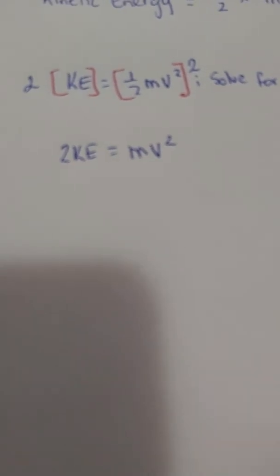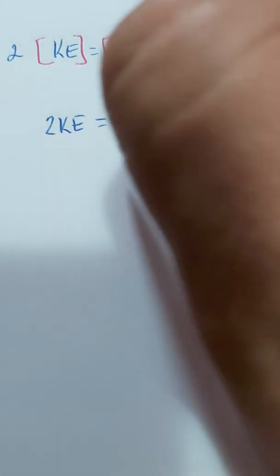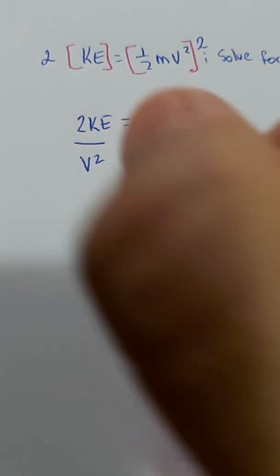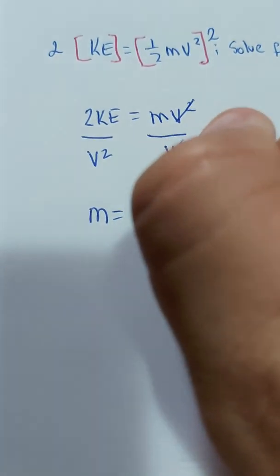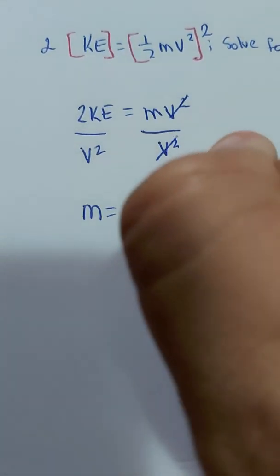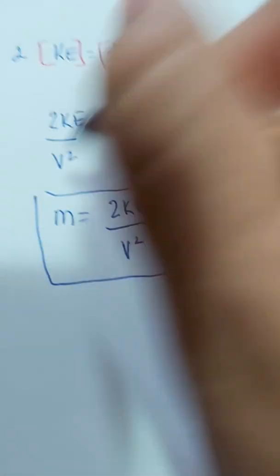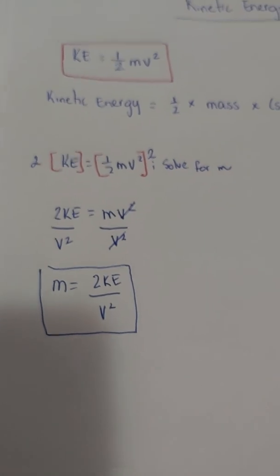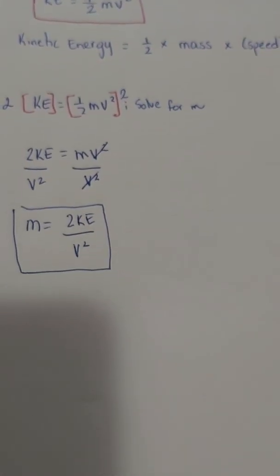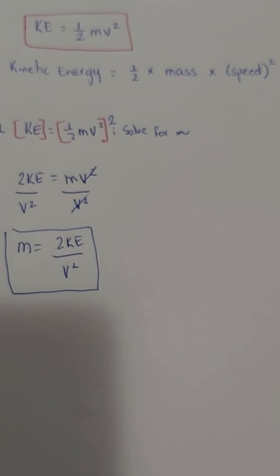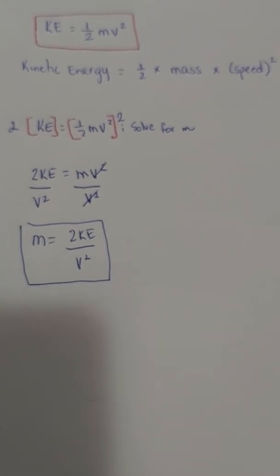So we get 2 times the kinetic energy equals mass times velocity squared. Now we divide by velocity squared. So we get mass equals 2 times the kinetic energy over velocity squared. Again, mass equals 2 times the kinetic energy divided by velocity squared.